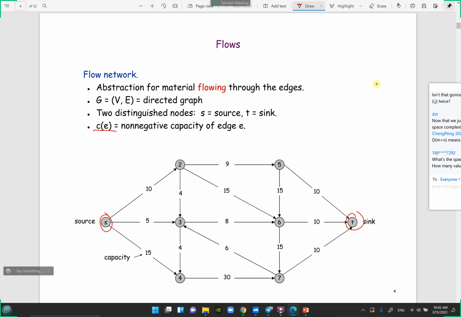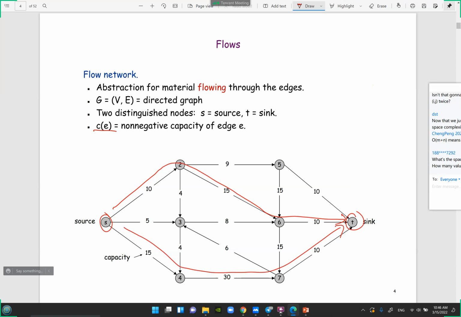We have all of these pipes which make up this network, and now you're trying to send as much water as possible from the source S to the sink T. That's the flow problem, and that's why it's called a flow, because you can imagine this water flowing through the network from the source to the sink. Of course, we can try to use multiple pipes at the same time, maybe lots of these pipes at once.